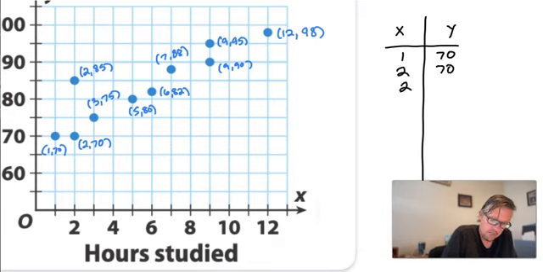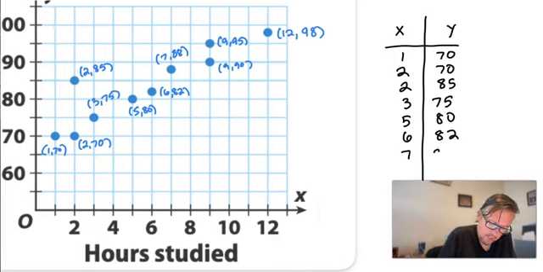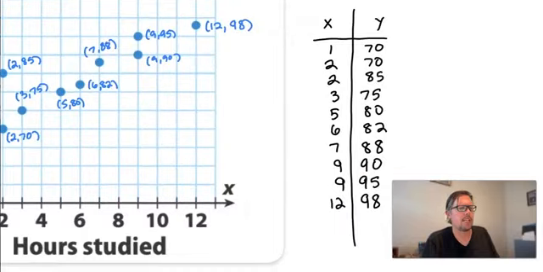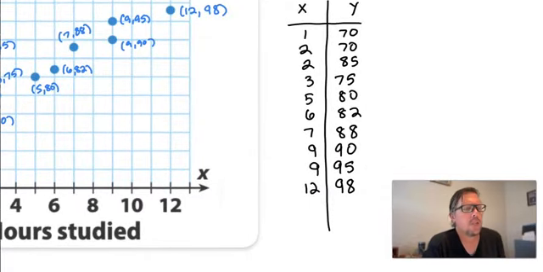We have a 2, and we've got a 3, 5, 6, 7. We've got a 9, a 9, and a 12. So if we took this graph and we wrote it as a table, this is what the table would look like.